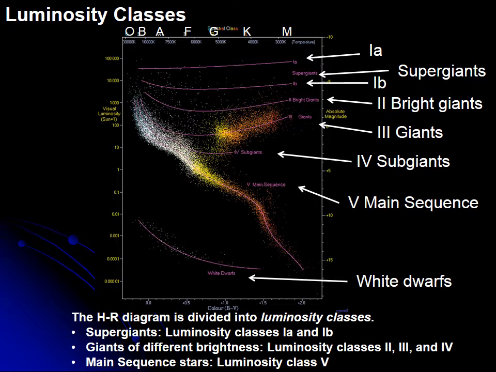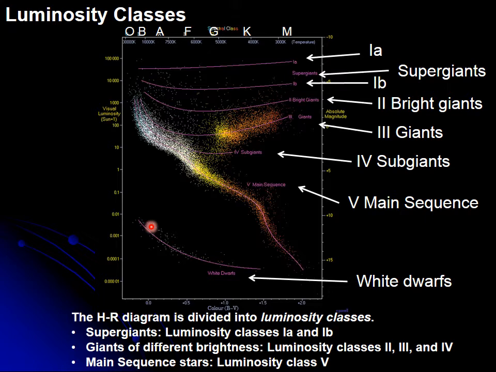The luminosity classes have been established somewhat arbitrarily, just by looking at the grouping of stars according to the luminosity here. So we have luminosity 1A and 1B, then luminosity 2, luminosity 3, luminosity 4, luminosity 5, and then down here, the white dwarfs.